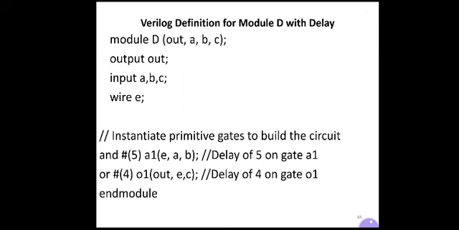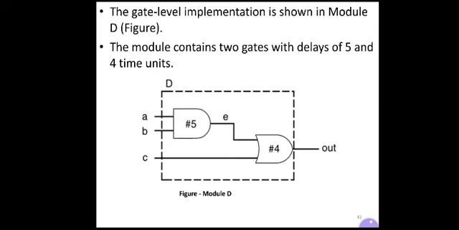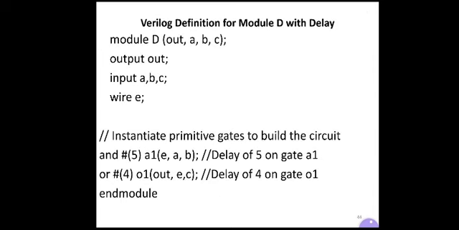So instantiate that E comma A comma B, termination. Then for the OR gate, the delay specified is 4. OR is the predefined primitive. #4 O1 is the instance name. So here out is the output, E is the input, C is the input for the OR gate. So that's why out comma E comma C.